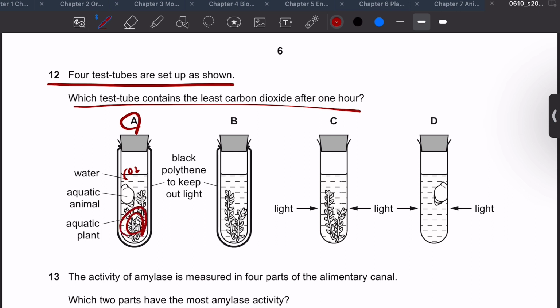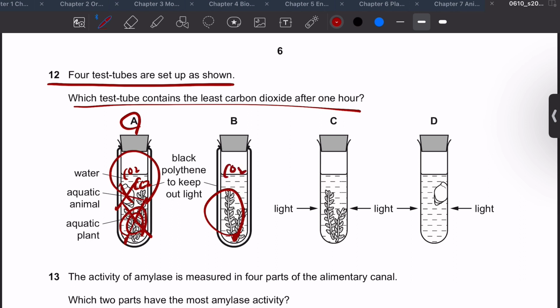So the plant cannot photosynthesize, so it's not going to use CO2. So overall, there's going to be a lot of CO2 in test tube A. For B, there's going to be slightly less CO2 than A because there's no animal, but still this plant can no longer photosynthesize, but it's just going to respire, so it's going to produce a little bit of CO2.